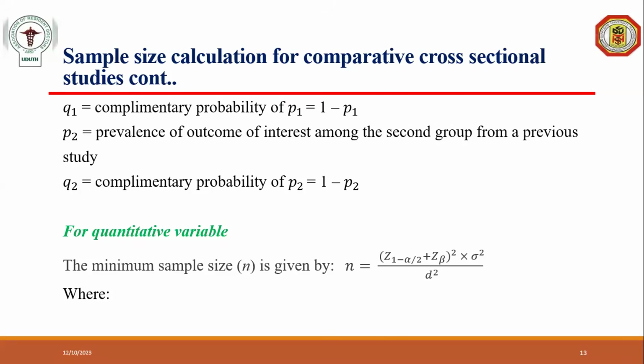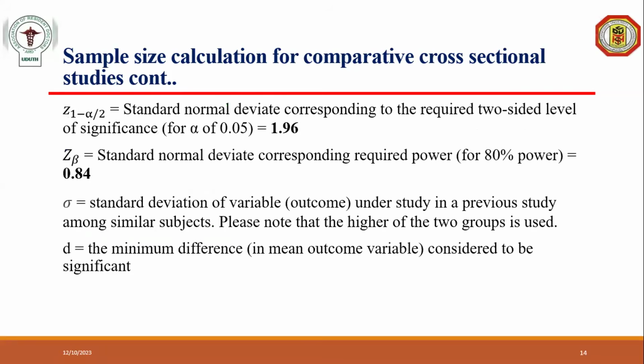N is equal to (Z alpha plus Z beta) squared times lambda squared all over D squared, where Z alpha, we said, is the standard normal deviate corresponding to your level of significance, which is 5% or 0.05, and is equal to 1.96.